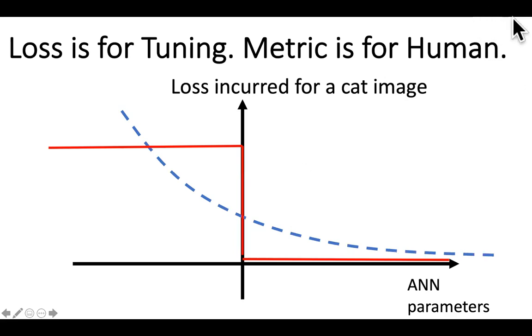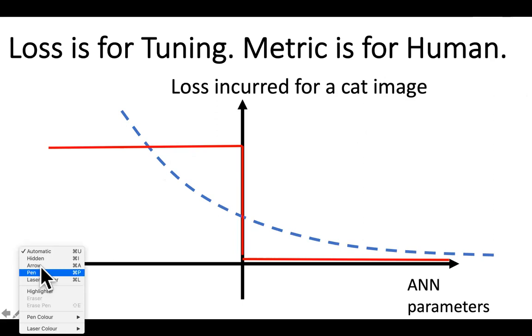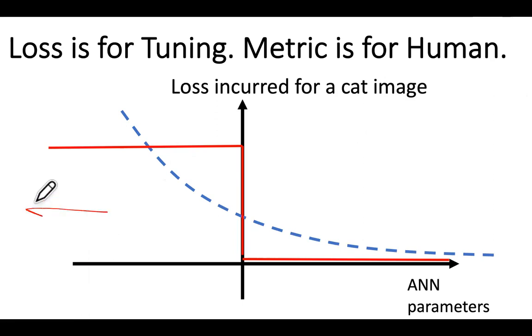The 0-1 loss is equal to 1, so high loss, if, for example, a cat image is predicted by an artificial neural network as no cat. So here to the left, we have the weights that result in a hypothesis map that outputs no cat, but the input image was a cat image, so high loss.